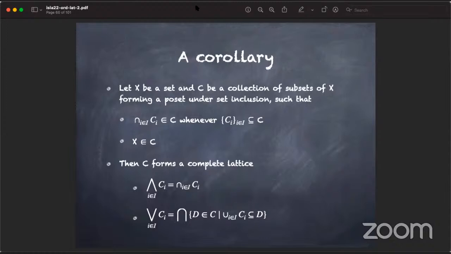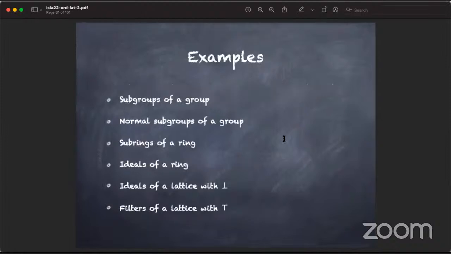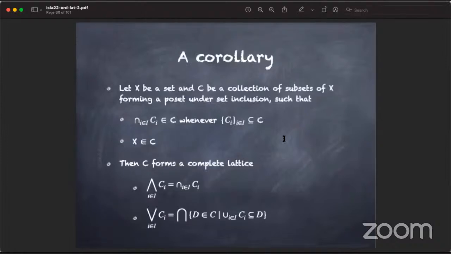So this gives us so many examples of complete lattices. As you can see, all the things which are closed under intersection and contain the whole set, all such collections of subsets will give us a complete lattice.